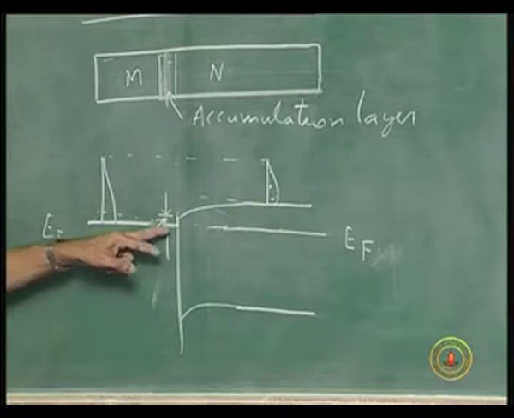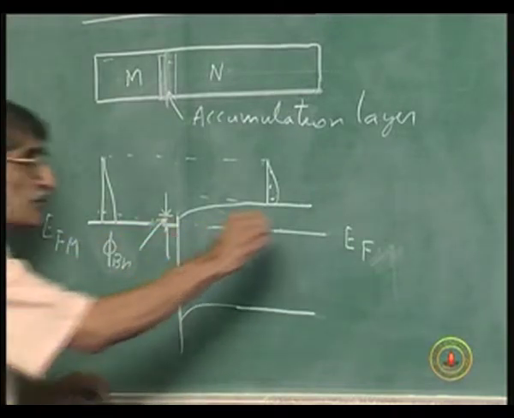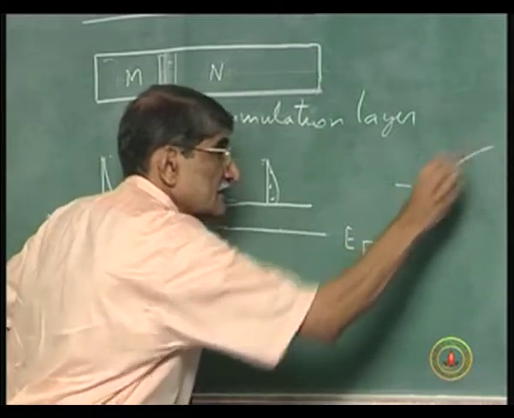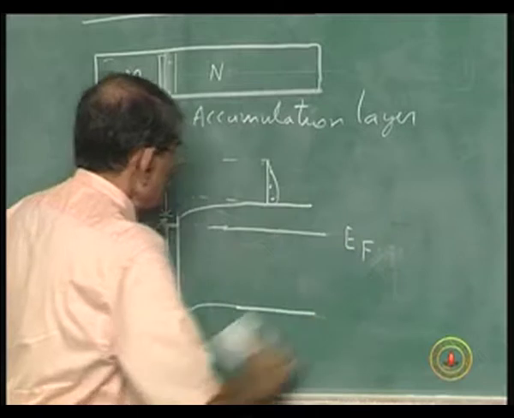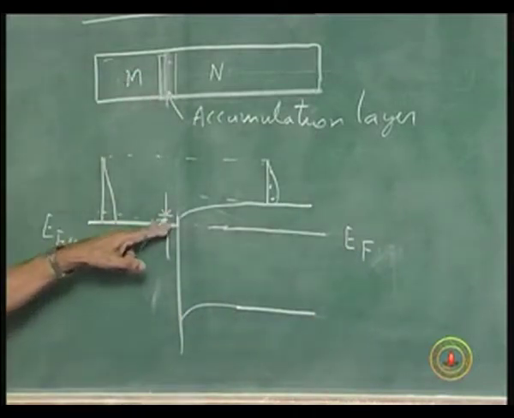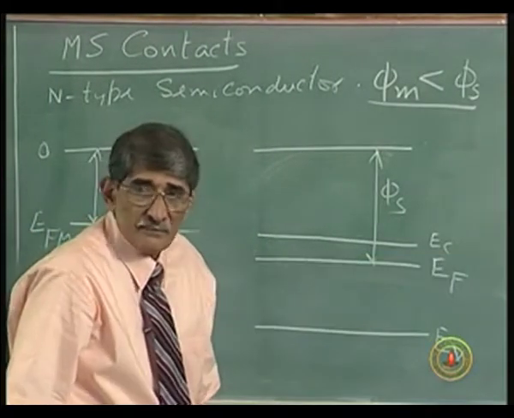In fact, you should be able to draw that. This will come down below that, you will have virtually a diagram which will go like that. Okay? I leave it to you as an exercise to see how the energy band diagram will be if this difference is even more.